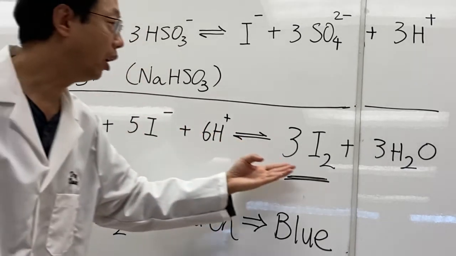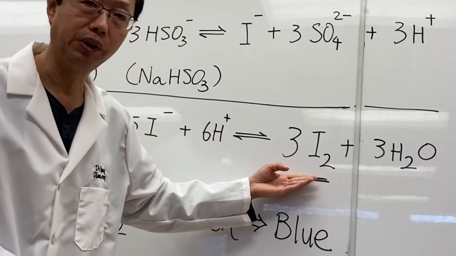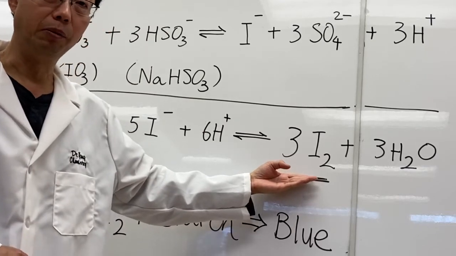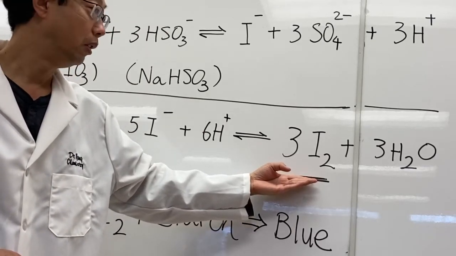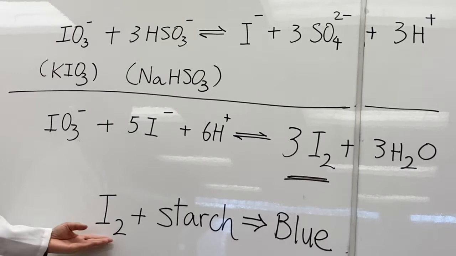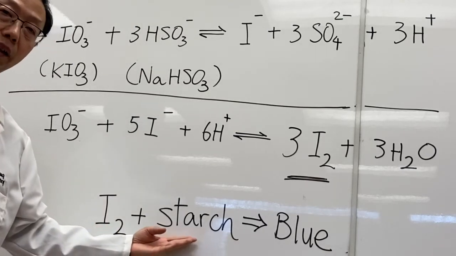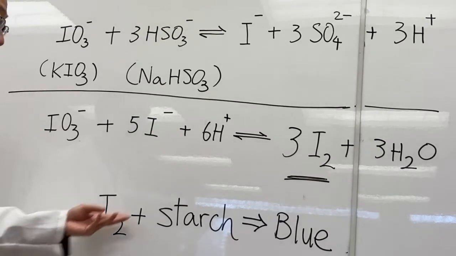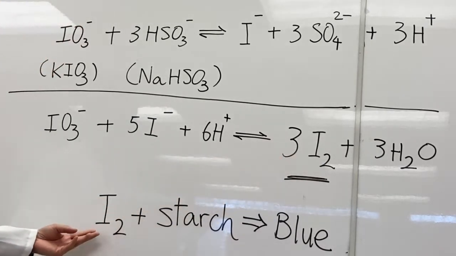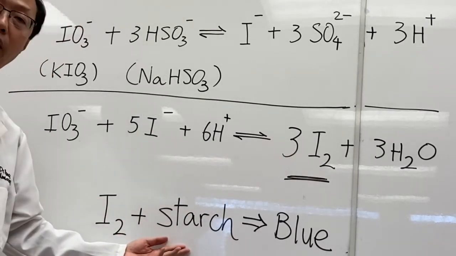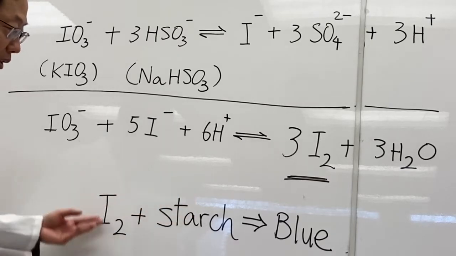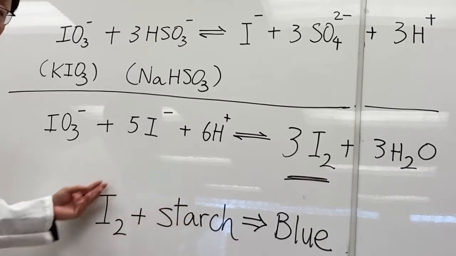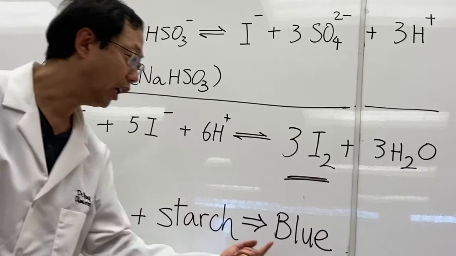Well, how do we know if iodine is produced in the reaction system? Well, in the reaction system, we add starch to it too. Once iodine is produced in the system, iodine will combine with starch, and that complex is going to show a blue color.